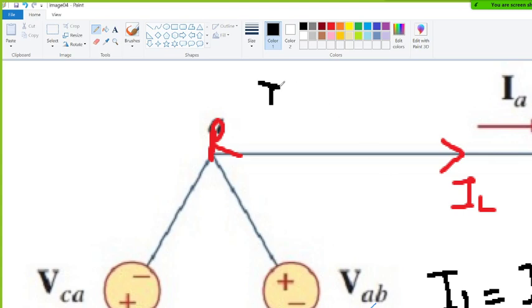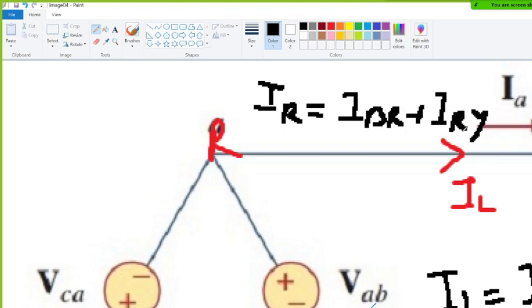So according to you, IR equal to IBR plus IRY. Right? So according to you, this is not correct. You disagree with this, right? Okay. Anybody else? So one person agrees, one person disagrees. Anybody else?